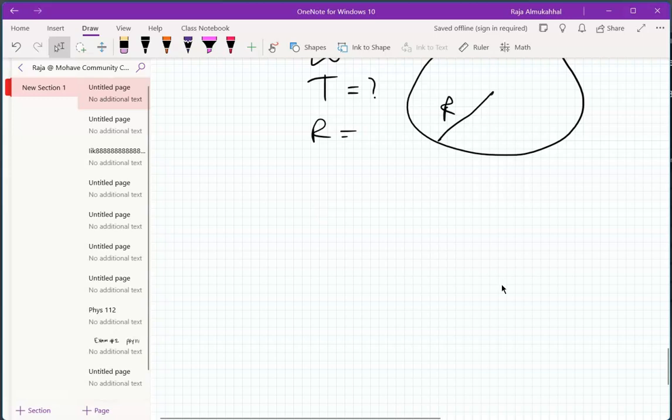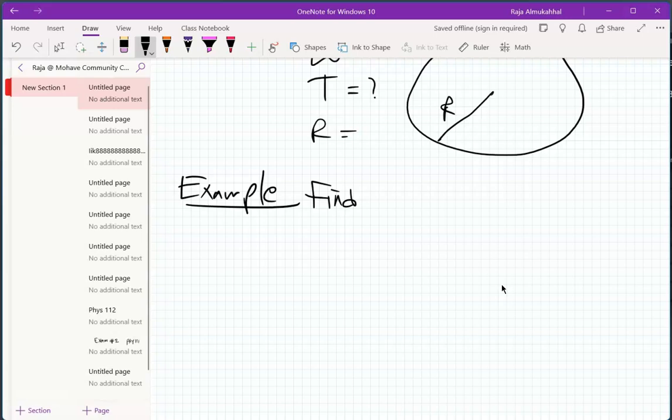Let me just write them down first. So, example: find the luminosity of the sun. What's given to us? We know that the surface temperature of the sun is 5780 Kelvin.